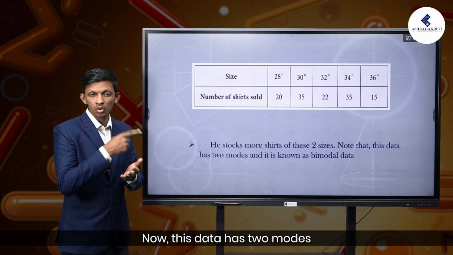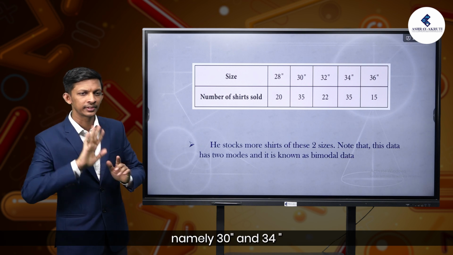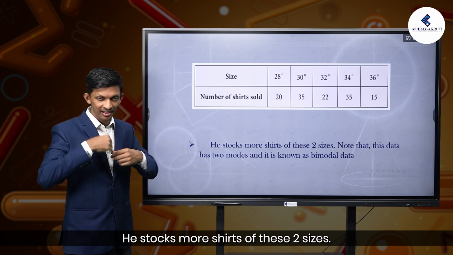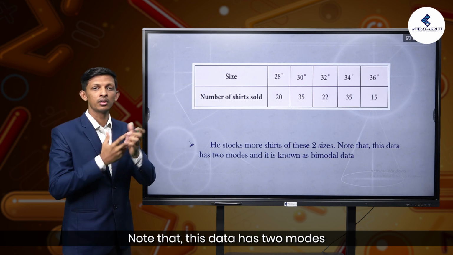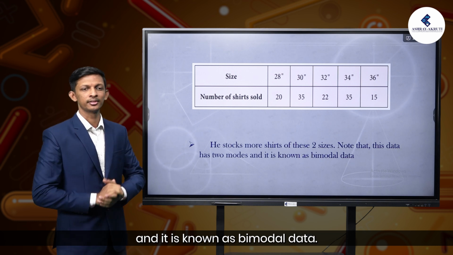Now, this data has two modes as there are two maximum occurrences, namely 30 and 34. He stocks more shirts of these two sizes. Note that this data has two modes and it is known as bimodal data.